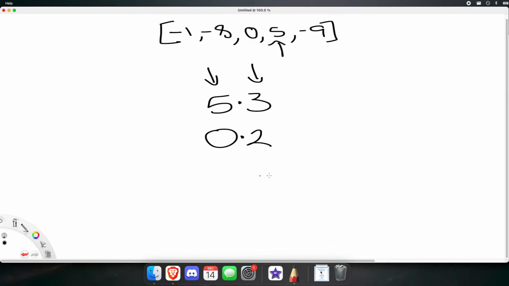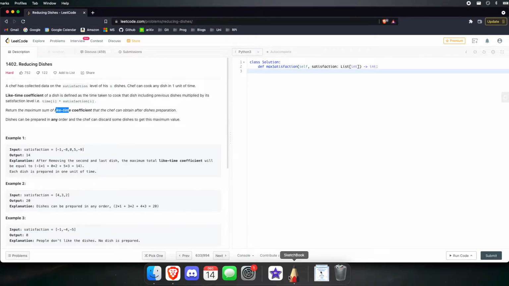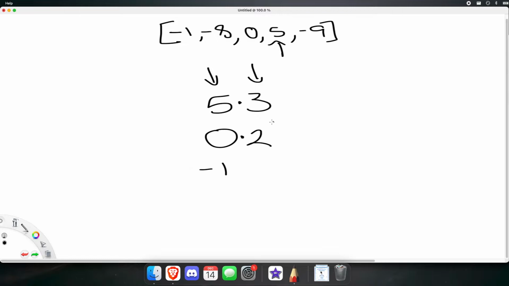And then he decided that it was worthwhile cooking a dish that had a negative satisfaction level, just because if he included that negative dish, then he could have upped the time it took to cook the positive dishes, which would overall result in a larger like time coefficient. So let's break this down just a bit more to make sure everyone understands what I'm talking about.